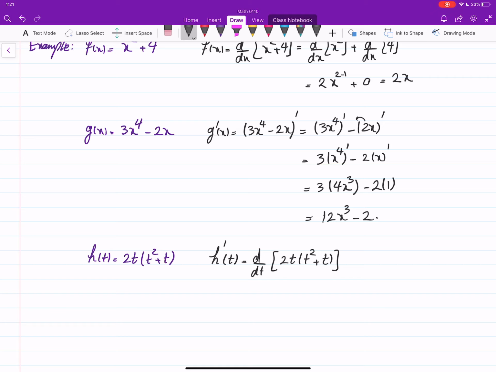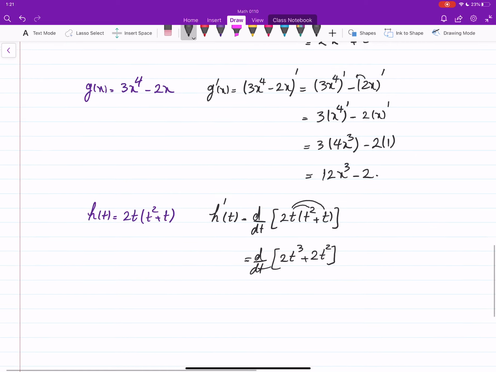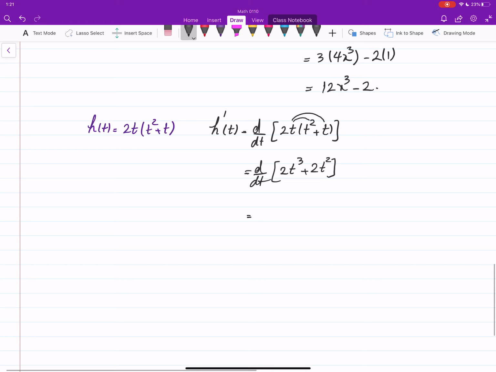But at this stage, I can first expand this one over that, distribute it. So this will be 2t cubed plus 2t squared. And now we have a polynomial, and go ahead and find d dt of 2t cubed plus d dt of 2t squared.